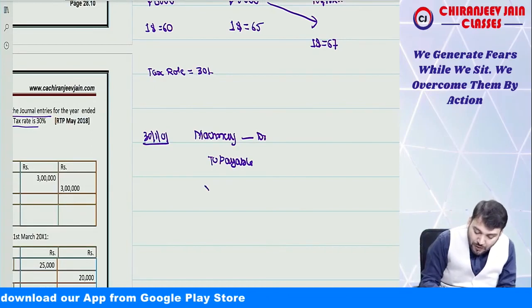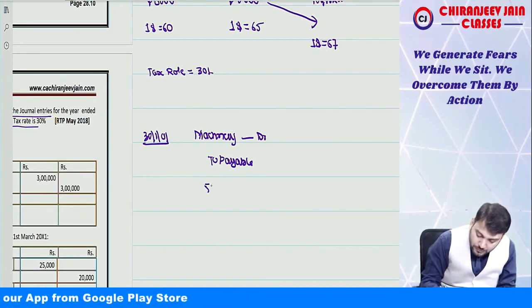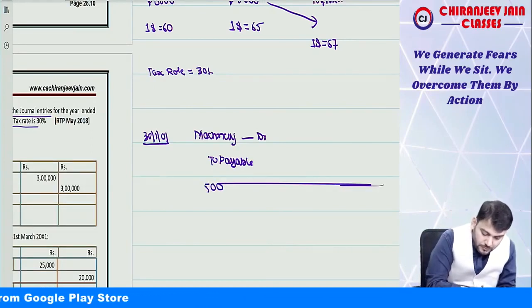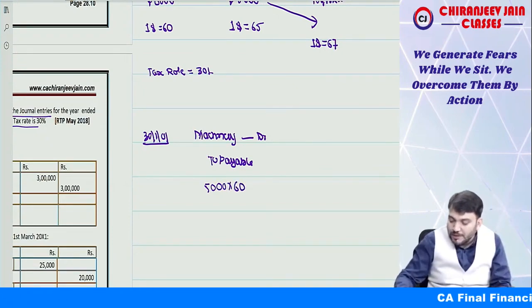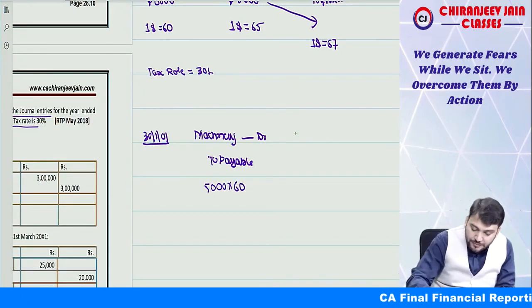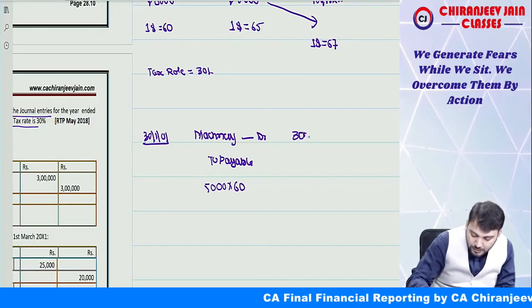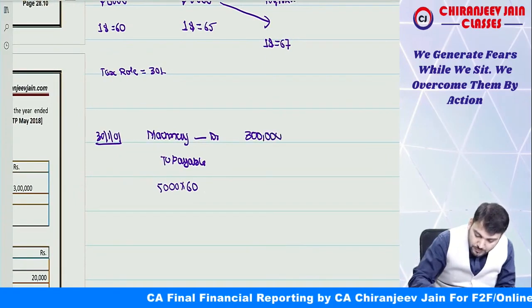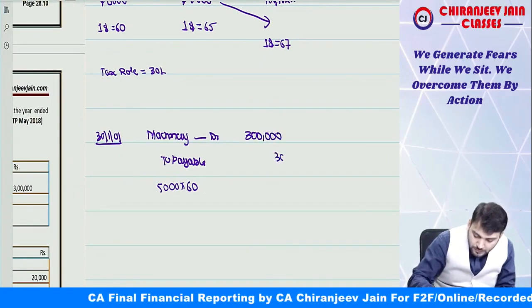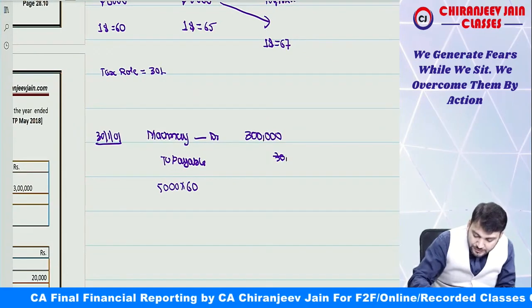So 5,000 into 60, as per the transaction exchange rate, will be 3 lakh.